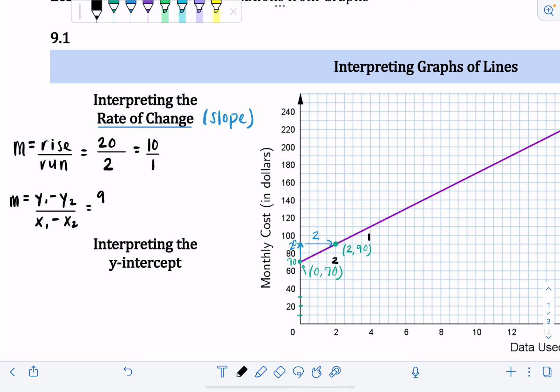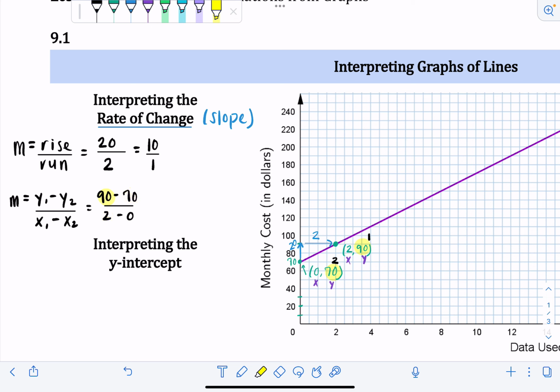So my y1 is going to be 90 minus y2, which is 70, because these are my y's, and these are my x's, the first coordinate. So in the denominator, my x1 is 2, and then my x2 is 0, so minus 0. So it was y1, 90, minus y2, 70, over x1, 2, minus x2, 0.